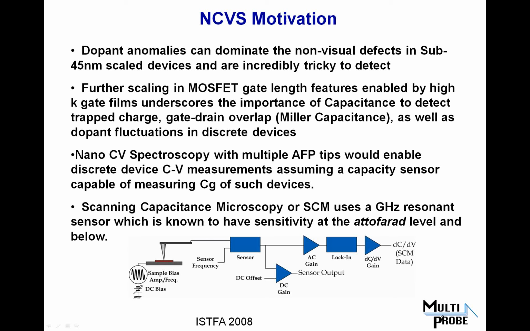It didn't do spectroscopy, and furthermore, the capacitance curves, you really need a second tip for it. But the idea is that you could make some CV measurements using that similar sort of capacitor.